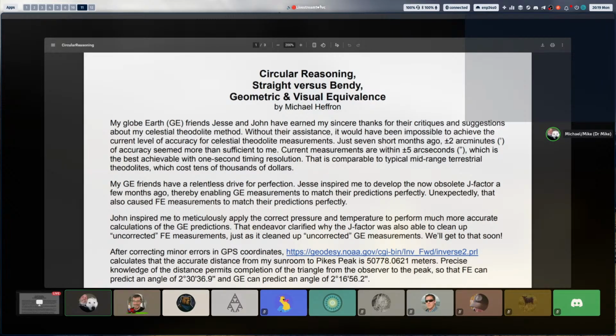Unfortunately, not all versions of Stellarium permit changing the atmospheric pressure and temperature, and that's essential to get an accurate prediction of occlusion time if you're trying to do the globe Earth prediction for the observer's location with atmospheric correction turned on.